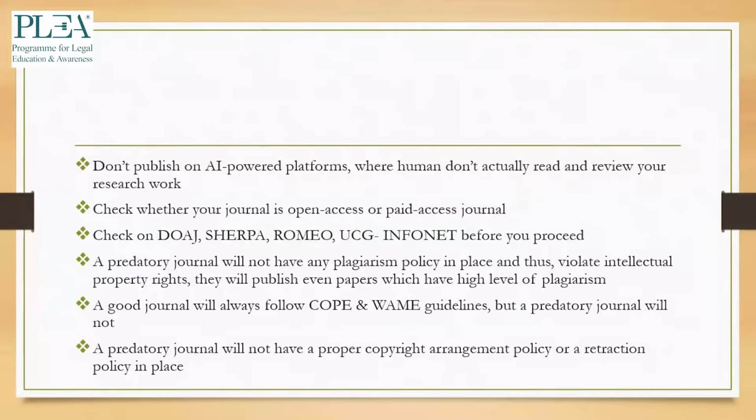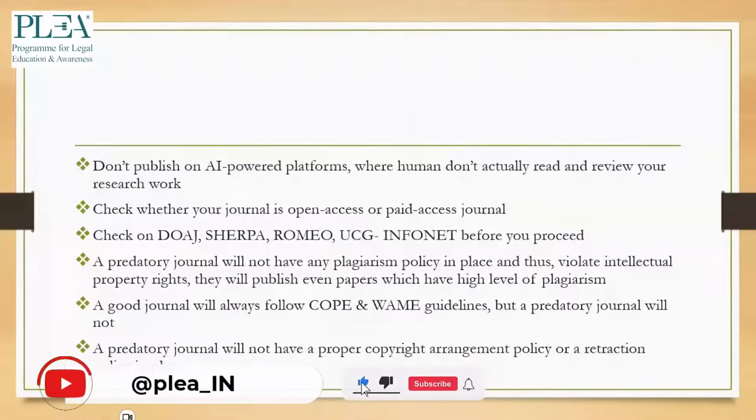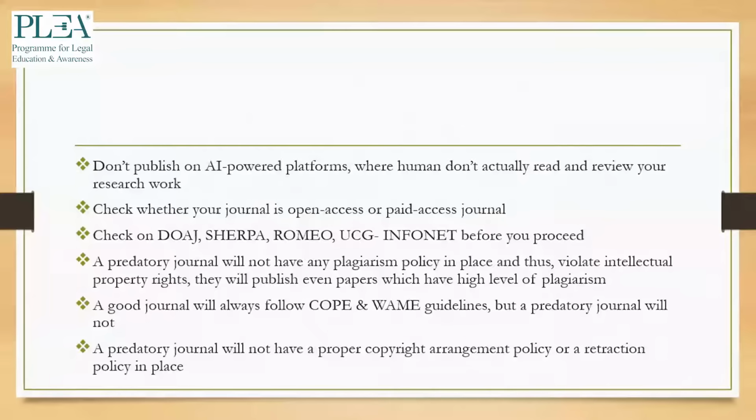That is, once you complain to that journal, see, my research is already copied by somebody else, or their plagiarism is more, or they have not taken proper permission from the original author and they have published a particular research paper, kindly retract it, kindly take it down, do not publish it, do not let it be accessible on the internet. If you complain to them, if it is a fake journal, it will not take it down, it will not entertain that particular complaint. So it does not have a proper retraction policy in place.